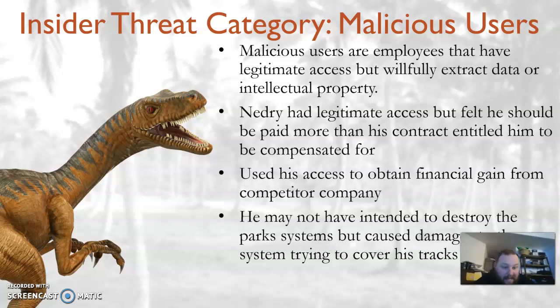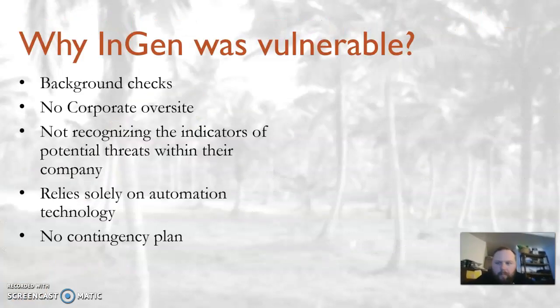He may not have intended to destroy the park system, but because he was trying to cover his tracks the way he did, it caused damage to the systems through his negligence. InGen was vulnerable because it relied on only one person to code and run the automation systems and security systems.